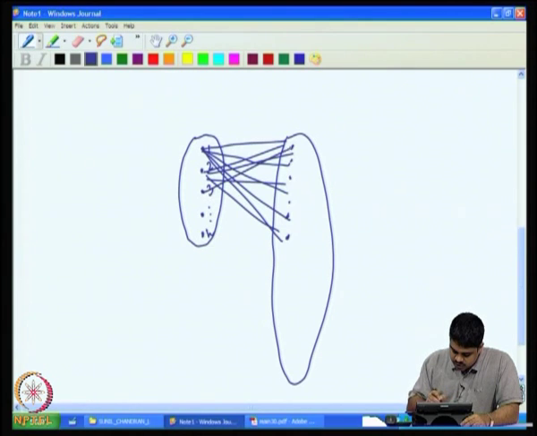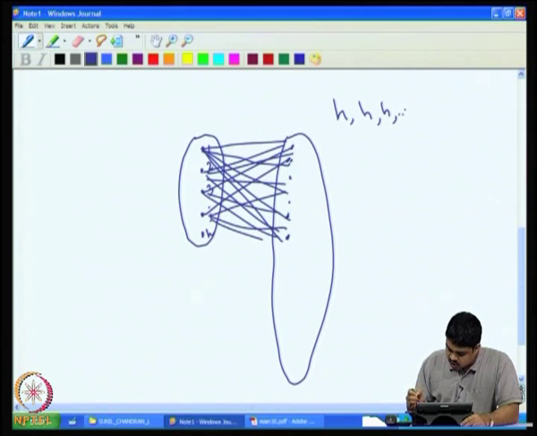That means the degree of each of these vertices will be h. So, that the degree sequence will start with h, h, h, etc. How many times? h times, right. So, our ah will be h, that is ah will be less than or equal to h.